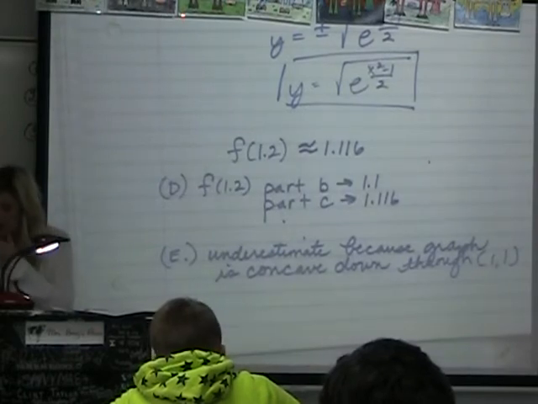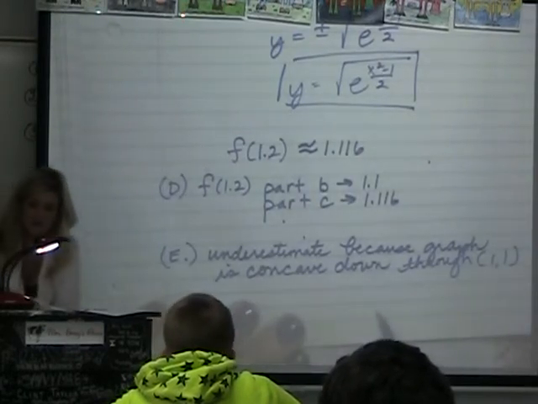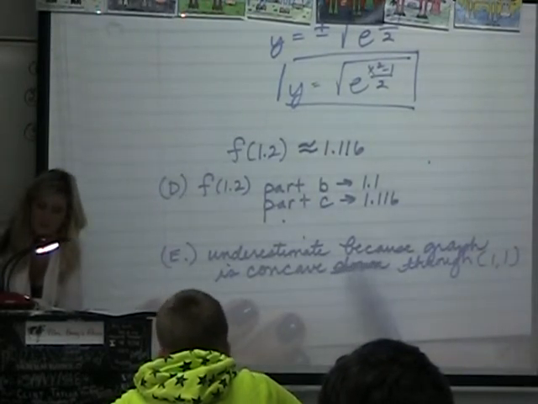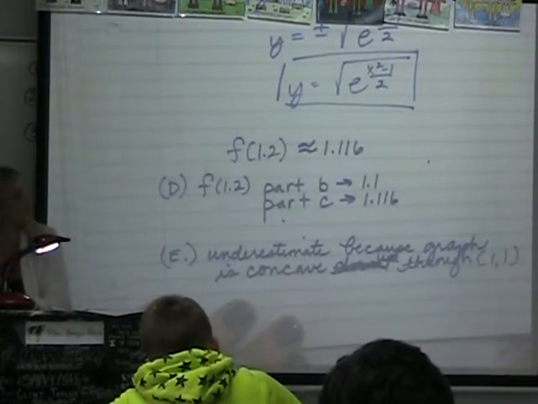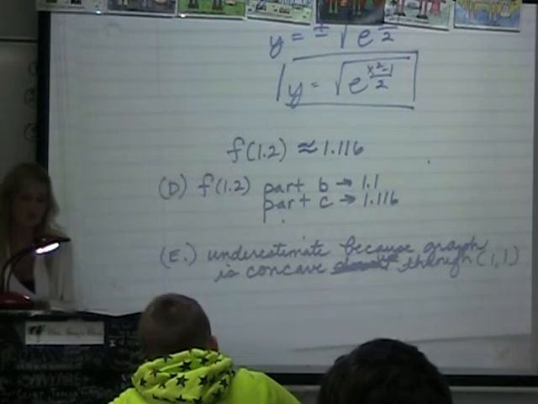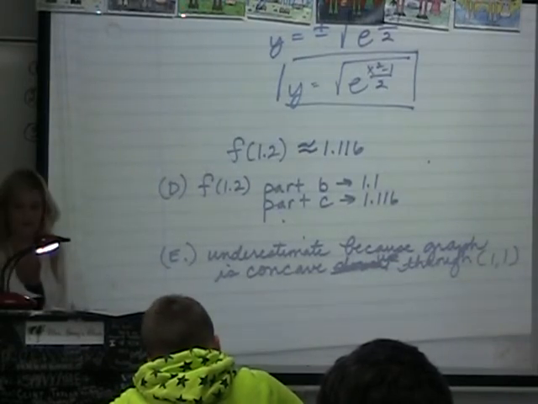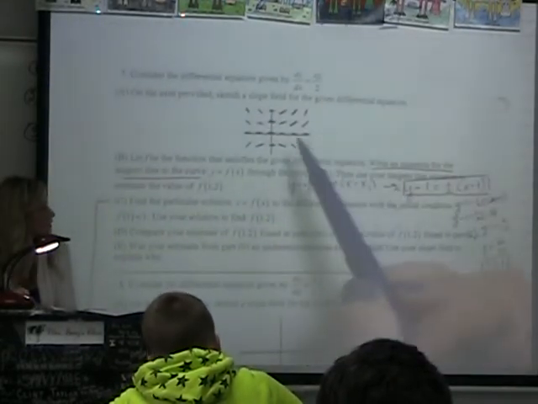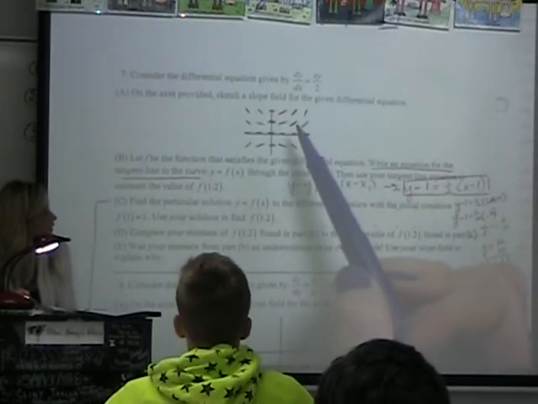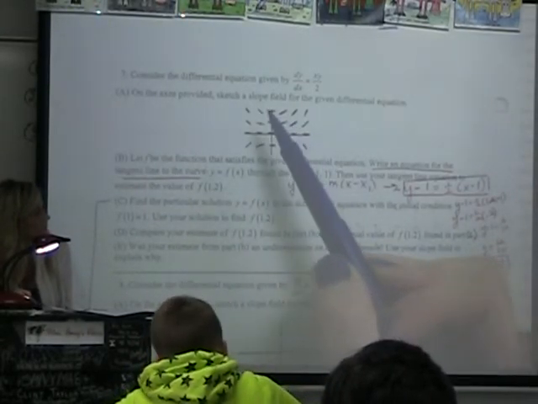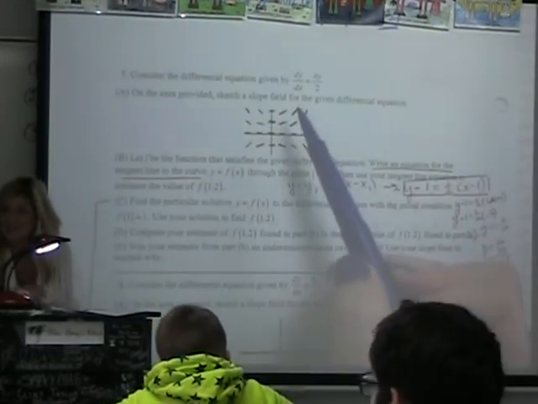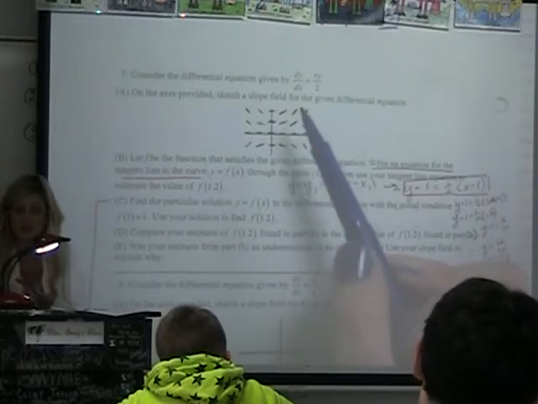Okay, now let me show you what I mean, or I'm sorry, I said concave down, it's concave up. Concave up through 1. So let me show you on the graph what I mean by that. Can everybody see if I drew the curve through the point 1, that it would be concave up? That is tending in a concave up direction.